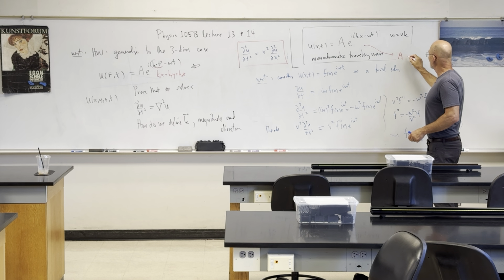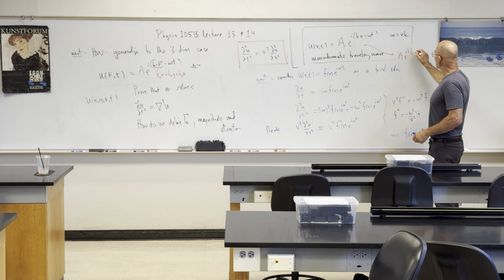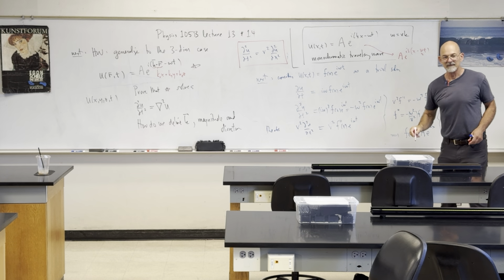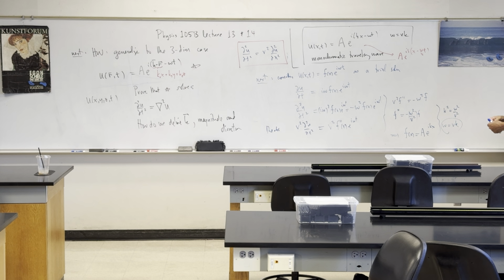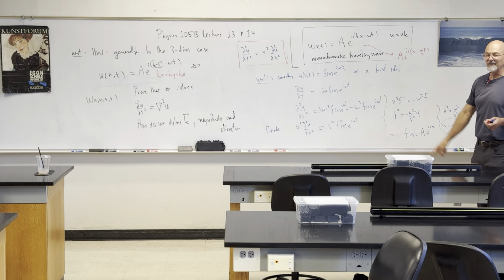You see this? You've got e to the i k. If you factor out the k, you've got x minus omega over k times t. And this omega over k is, of course, the v.